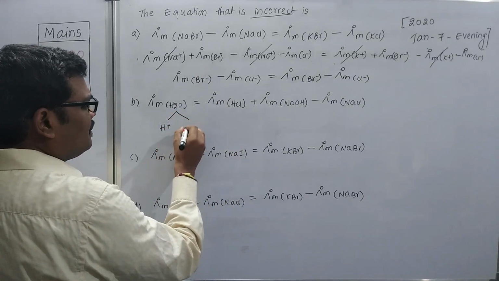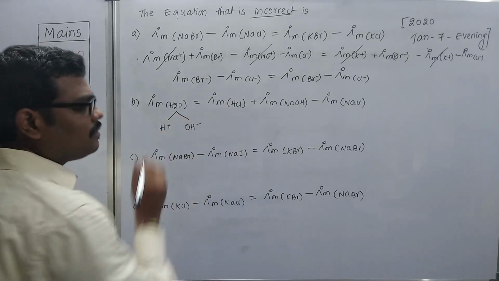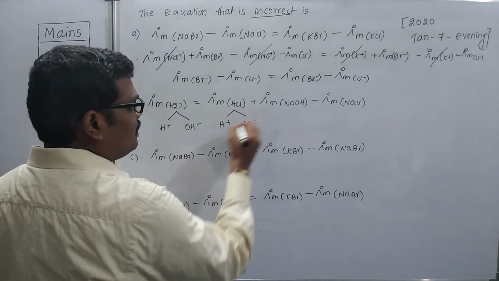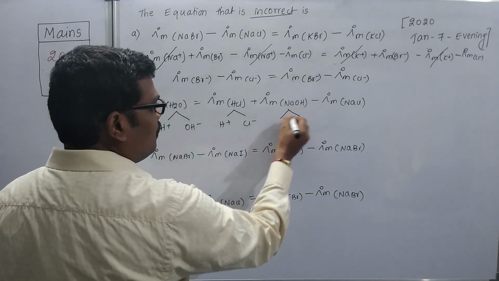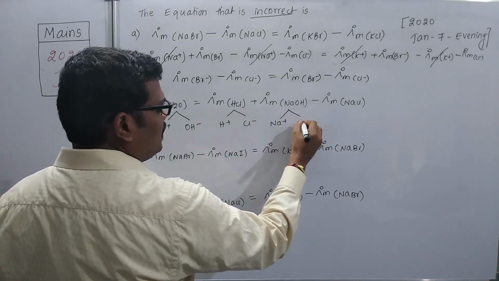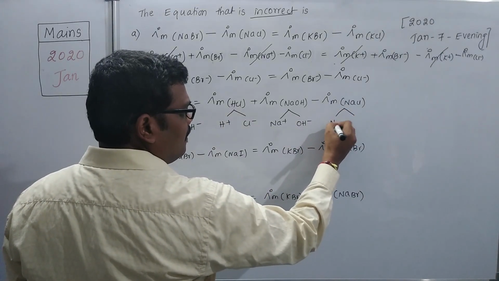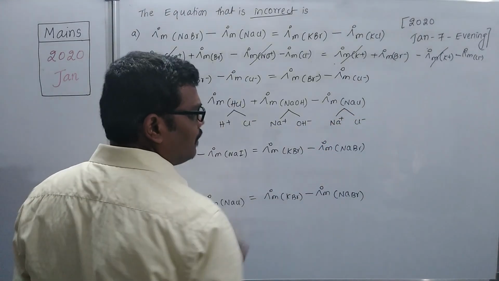This is H+, this is OH-. I can write HCl as H+ Cl-, NaOH as Na+ OH-, and NaCl as Na+ Cl-.